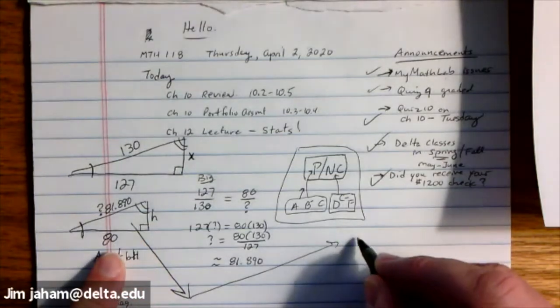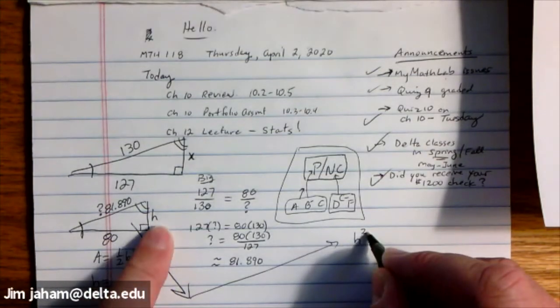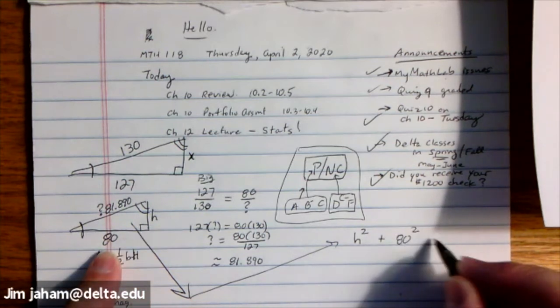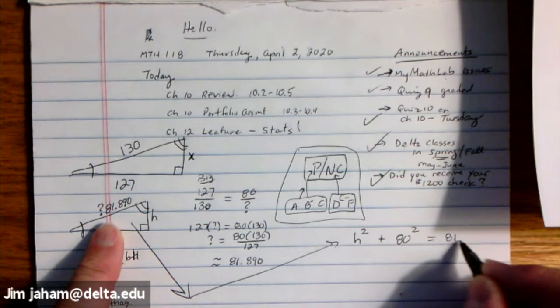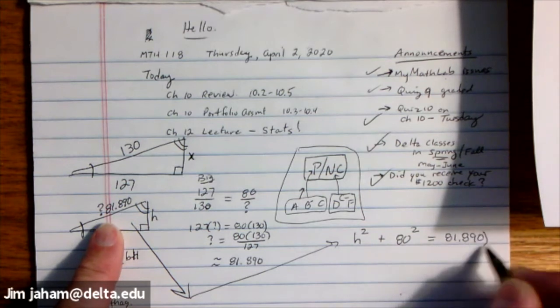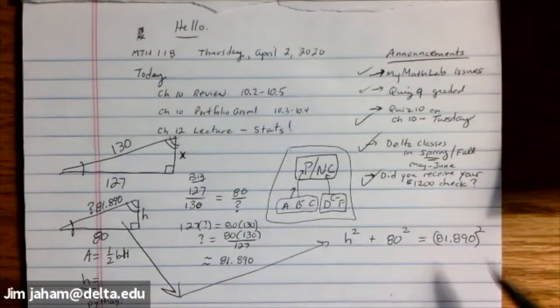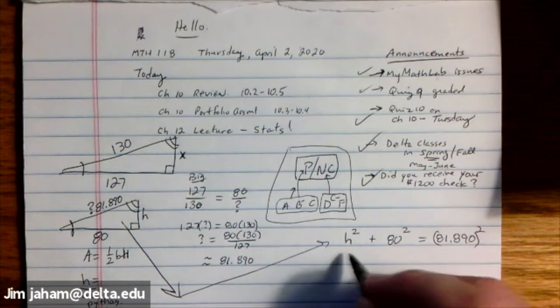So we're going to use the Pythagorean theorem. h squared, small side, plus bigger side squared equals the hypotenuse squared. So it looks something like this. Now this is rounded, and so therefore we may have some rounding error on this.